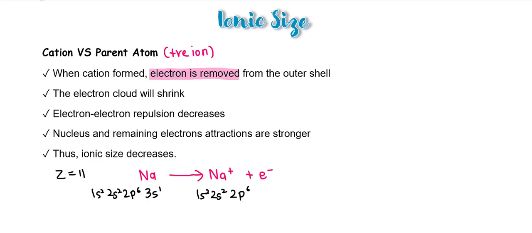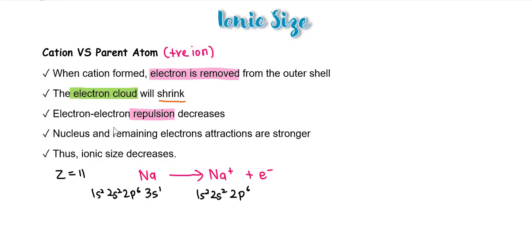So when we remove the electron from the outer shell, the electron cloud will shrink. So dia akan semakin mengecil sebab semakin kekurangan elektron. When that happens, the repulsion between electrons, we know that electron is negatively charged, so each electrons yang ada dalam orbital tersebut akan mempunyai daya tolakan.